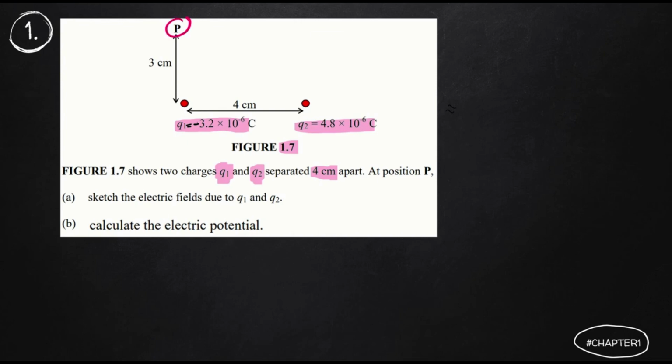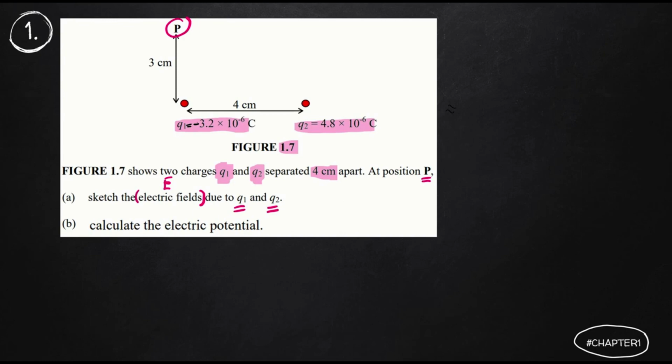First is to sketch the electric field. Remember, the electric field is symbolized as E. The electric field must be drawn at position P, and this electric field is due to Q1 and also Q2.